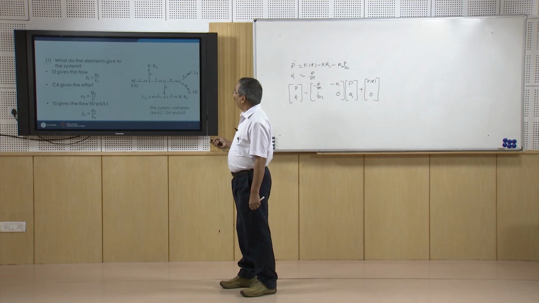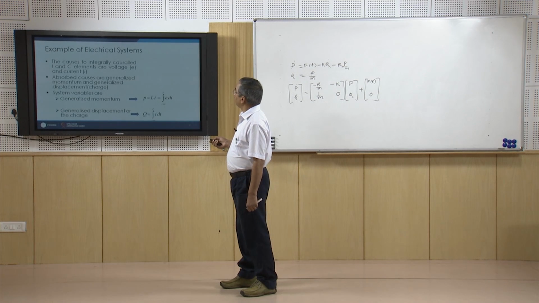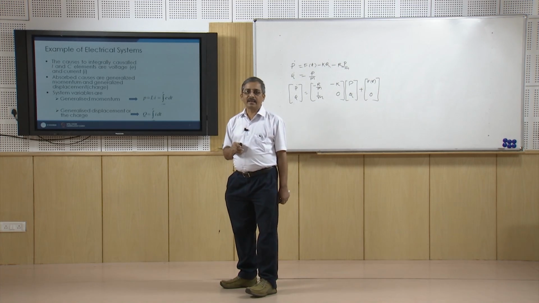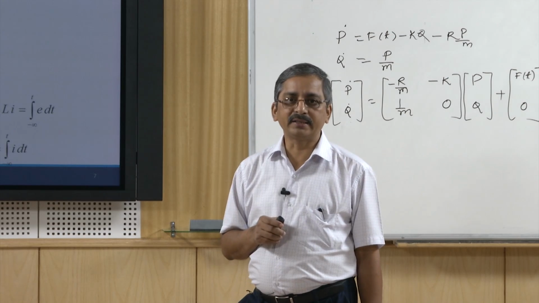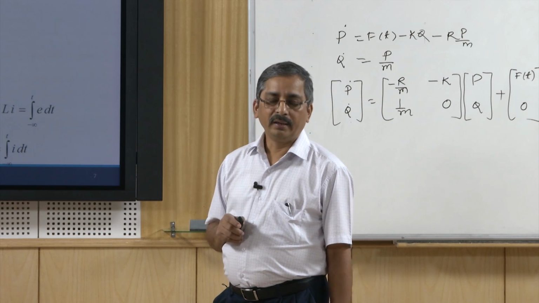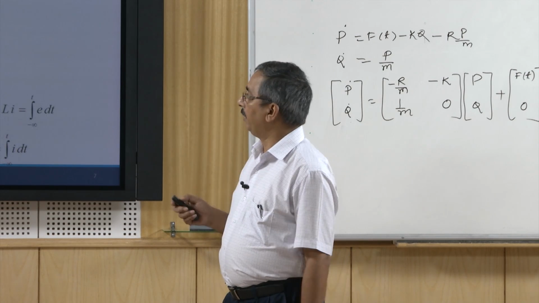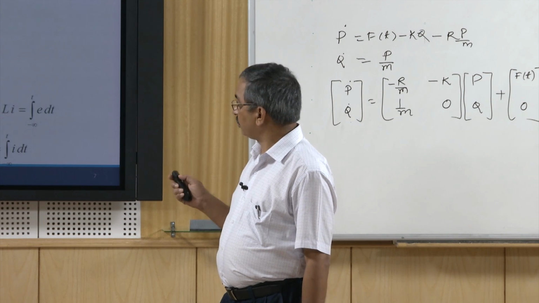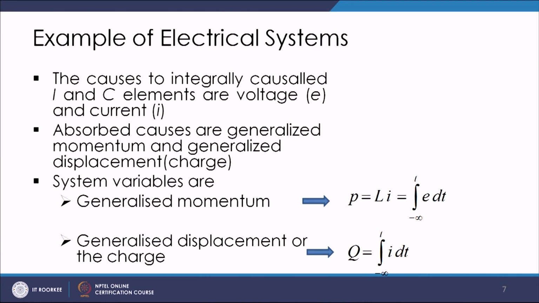Okay. Next, let us take an example of an electrical system. In the previous case we have seen an example of a mechanical system. Now, in case of an electrical system, the causes to integrally causal I and C elements are the voltage and current.